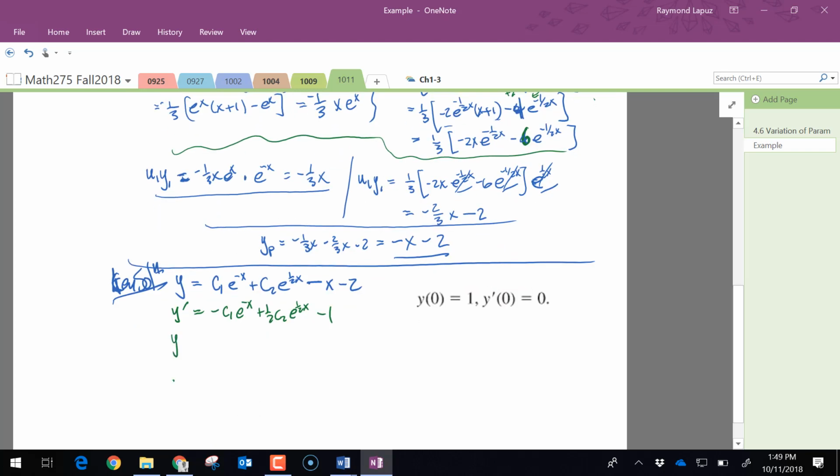Y of 0, we'll put 0 in for x. So e to the 0 is 1. We got C1 plus C2 minus 0 minus 2 is equal to 1. Y prime of 0 is negative C1 plus 1/2 C2 minus 1 is equal to 0.